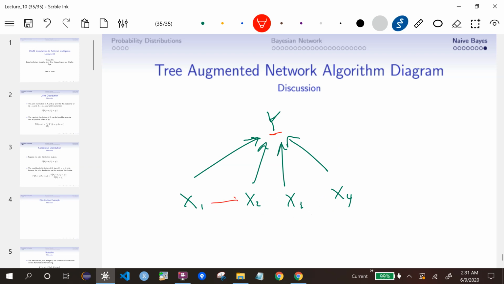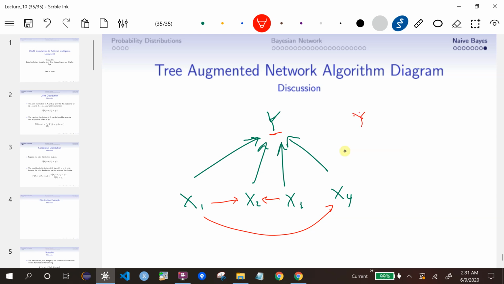So maybe at the end we have this, and maybe we have something like that. So these x's form a tree, and all of them are connected to y. So remember, this is just a special kind of Bayesian network. So we can do inference the same way.